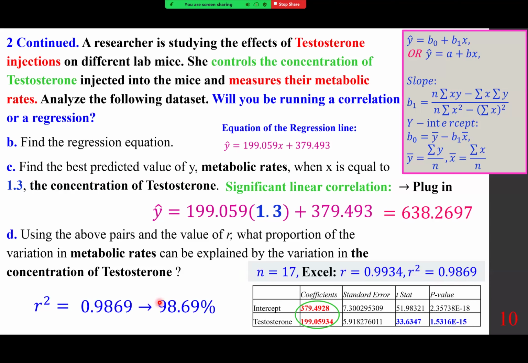So in general, the portion of the variation in y which is explained by x is equal to R squared. Remember that, R squared.